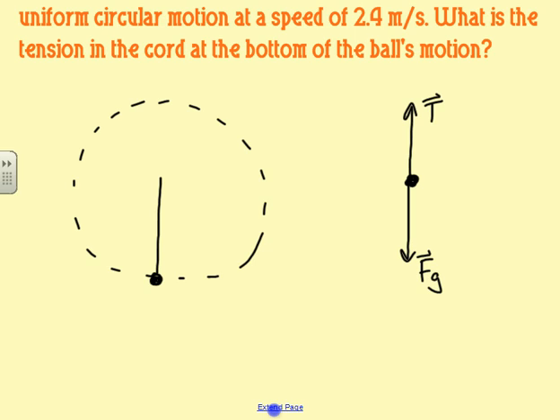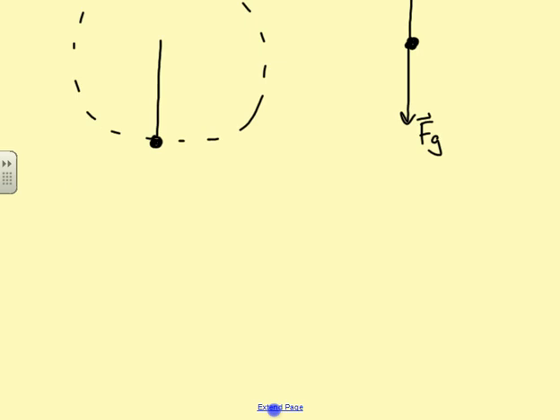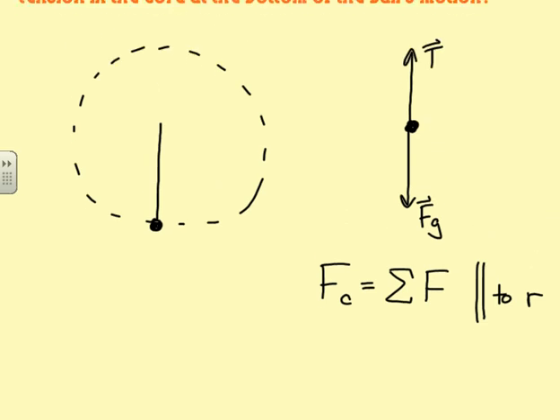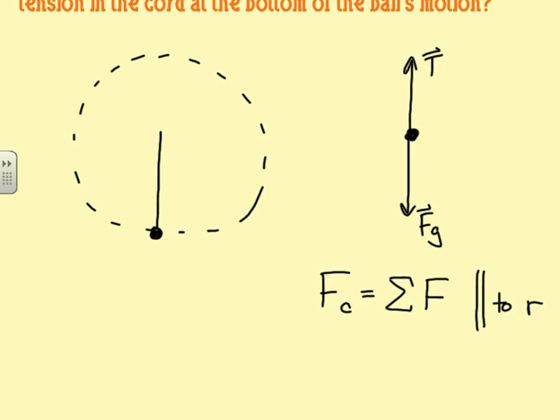Centripetal force is equal to the sum of all forces that are parallel to the radius. Well, the radius is in the y direction. It's up and down here. Both of these two forces are also in that direction.